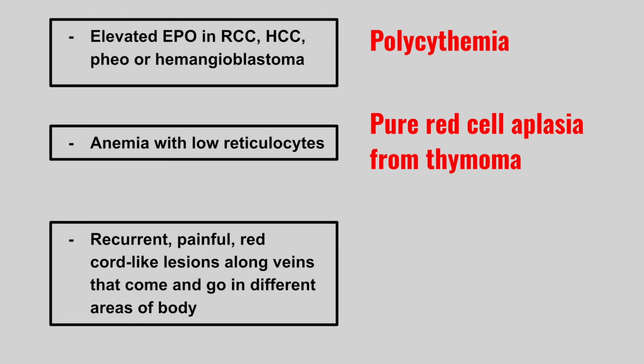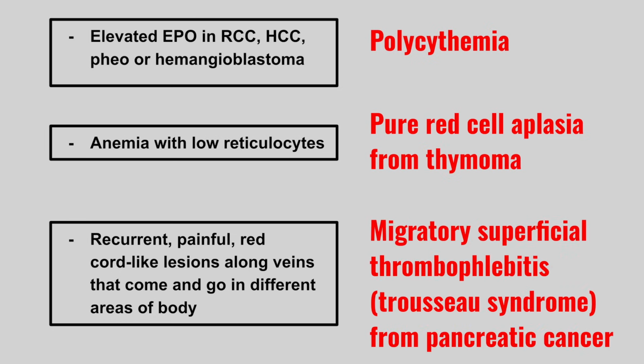This is pure red cell aplasia from a thymoma. Now we have recurrent, painful, red cord-like lesions along the veins that come and go in different areas of the body. This is migratory superficial thrombophlebitis, also known as Trousseau syndrome, from pancreatic cancer.